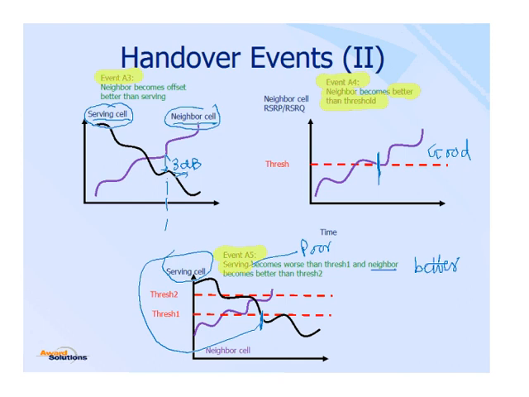At the same time, the neighbor is becoming better than threshold 2. So at that time, we say that event A5 has occurred.